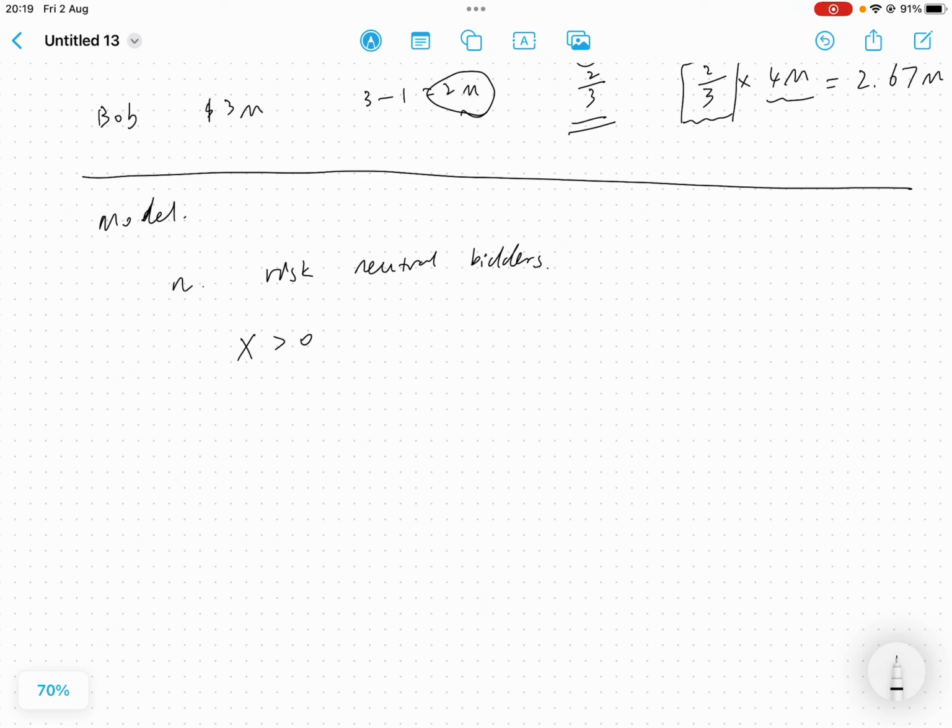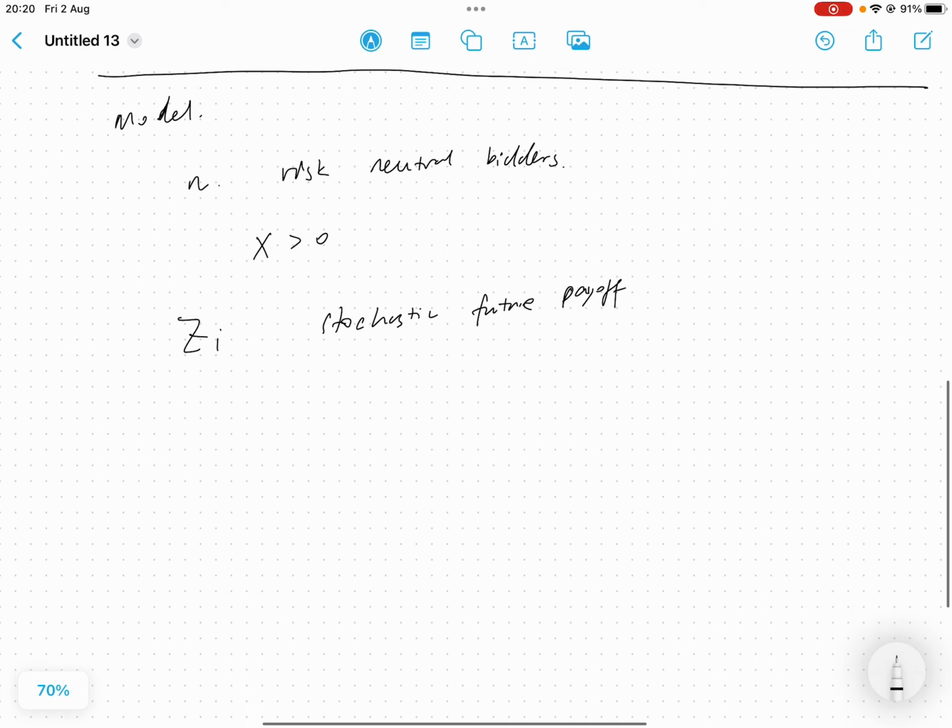It doesn't matter too much, but we'll normalize that. Conditional on being taken by bidder i, this project can yield a stochastic future payoff Zi. This is a random, stochastic future payoff, so that's something very important.